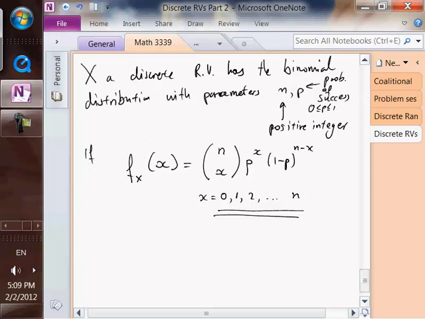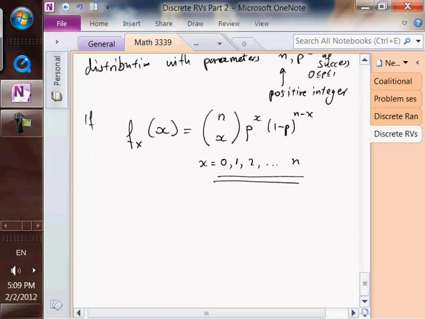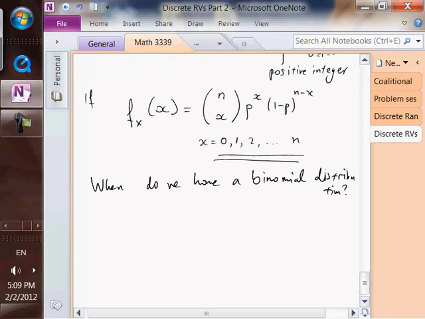Let's see what are cases where we have the binomial distribution. Or when do we have the binomial distribution? Tossing a coin enough times, or executing an experiment.